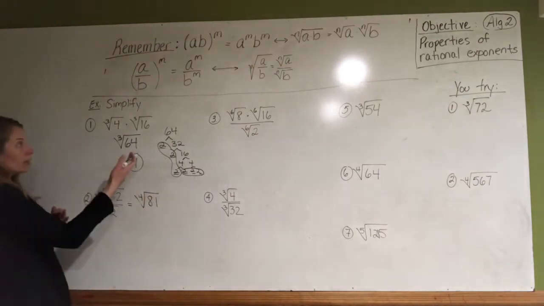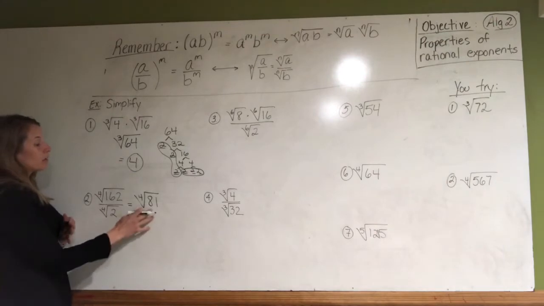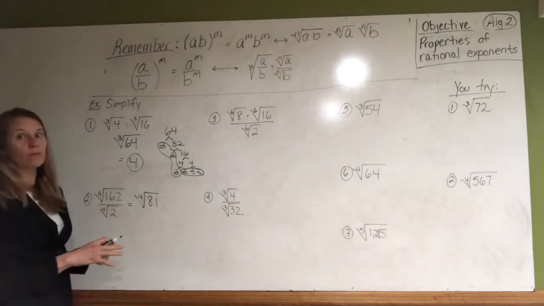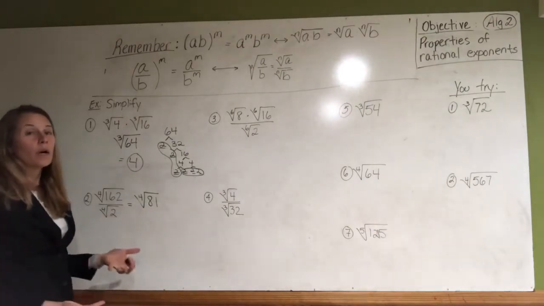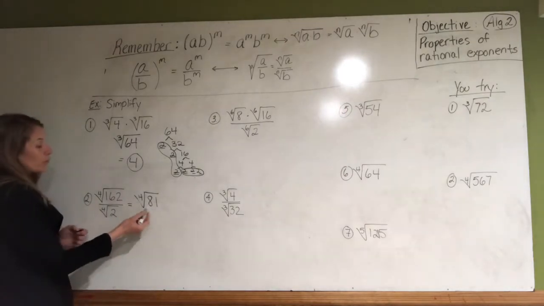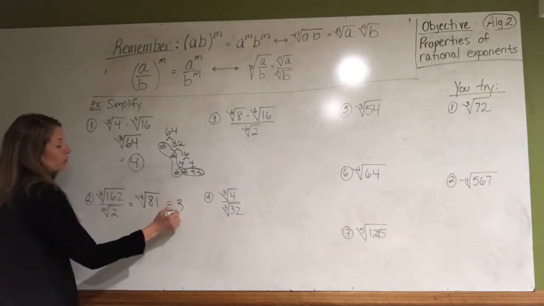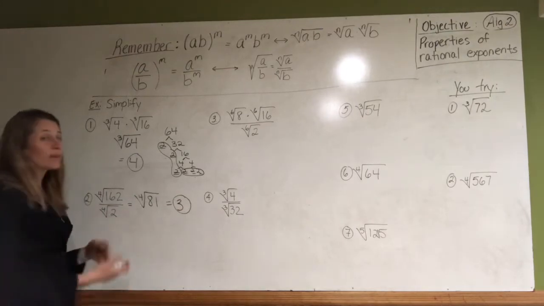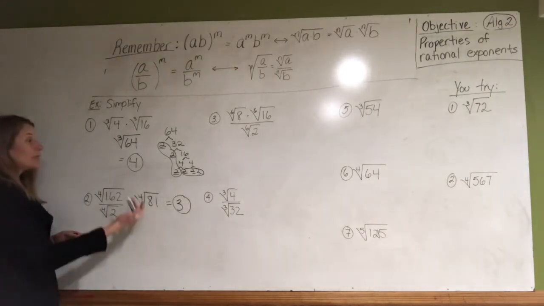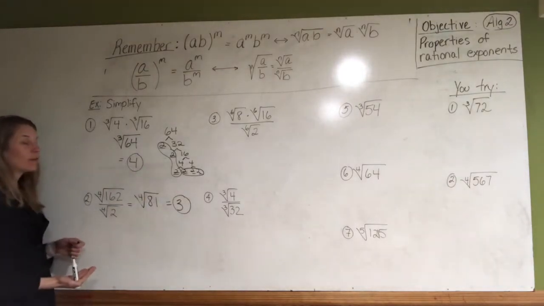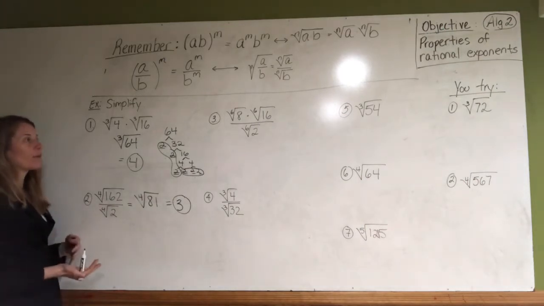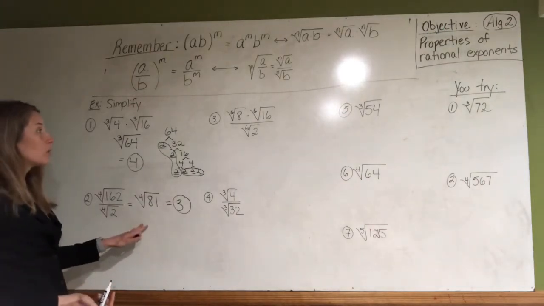Then you can look at it the same way we did with number 1. Check it on your calculator. Is there a 4th root of 81? Does it work out to a nice whole number? So 4th root of 81 actually does equal 3. So we could just be done there. But if you did need to do that factor tree to figure out what factors there were and all of that, we'll get to that. But that can also be done.